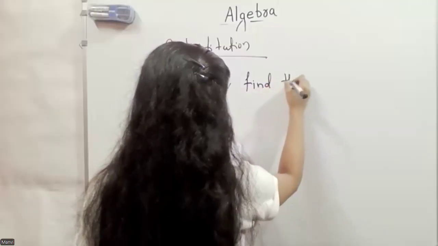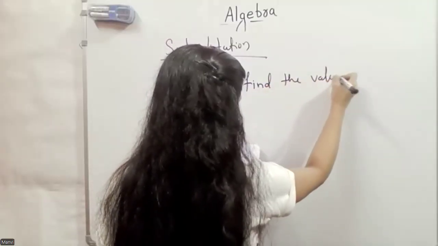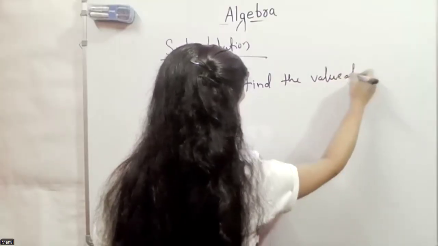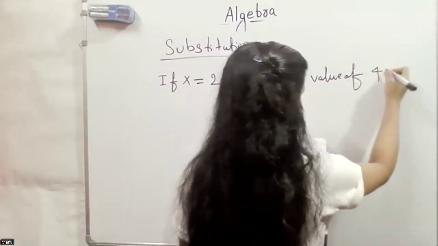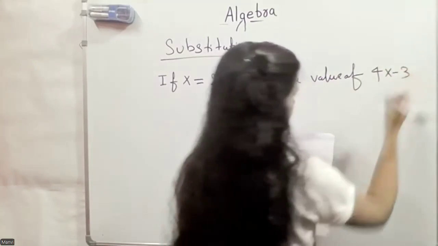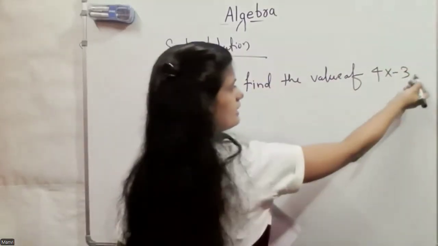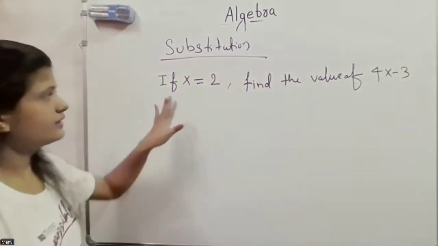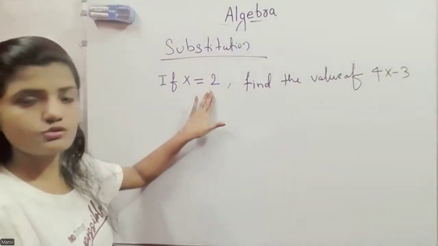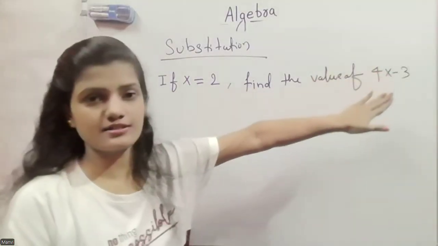Find the value of 4x minus 3. Sometimes they give us a question this way, where the value of x is given, so find the value of 4x minus 3.